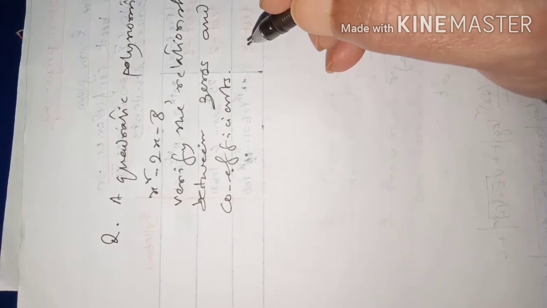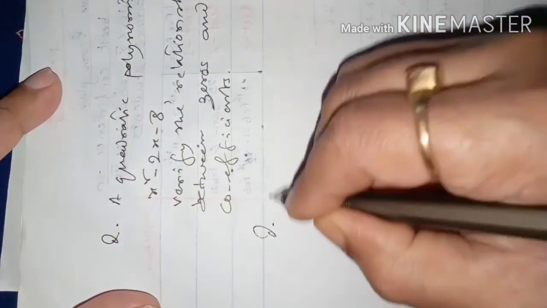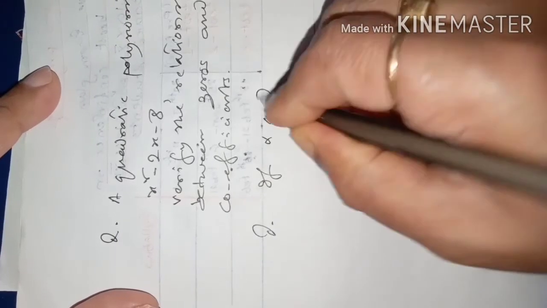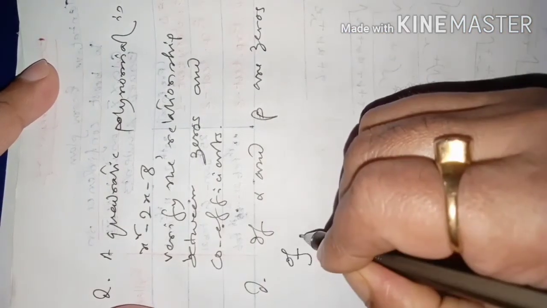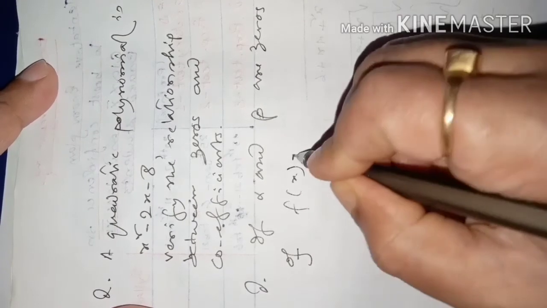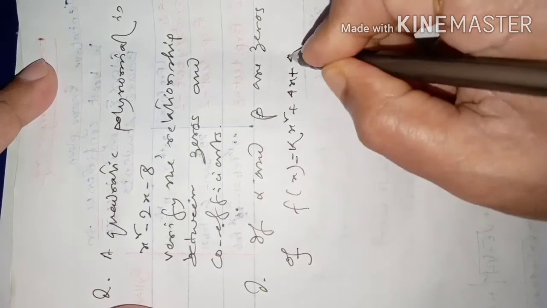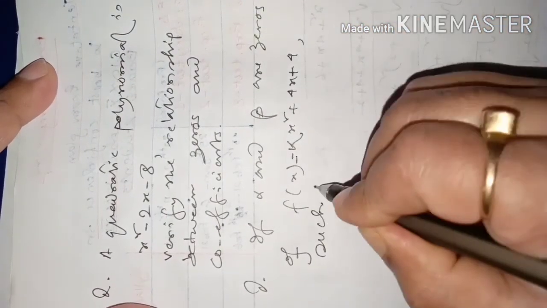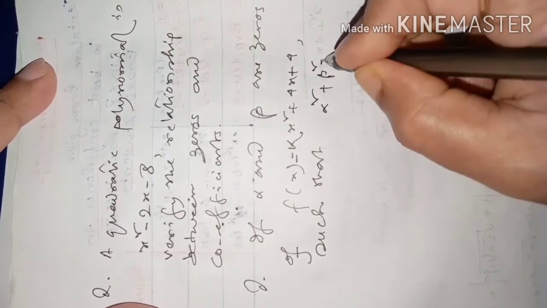Then you may also be given that alpha and beta are the zeros of a quadratic polynomial, and alpha square plus beta square is given. Then find the value of k. Suppose one question is given like this: if alpha and beta are zeros of f of x equal to kx square plus 4x plus 4, such that alpha square plus beta square is equal to 24, find the value of k.